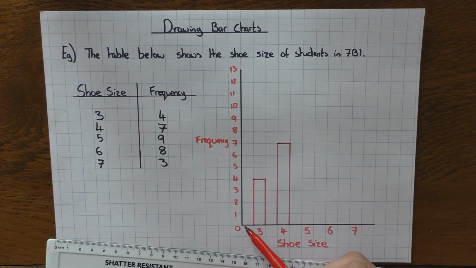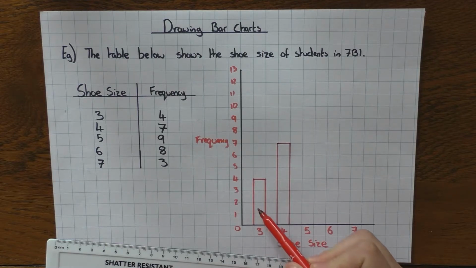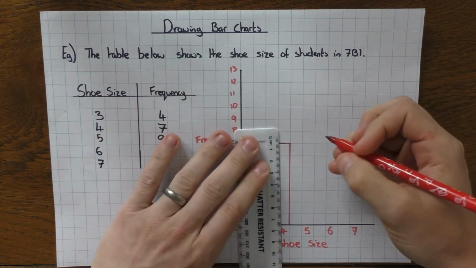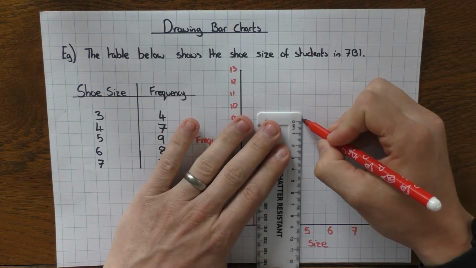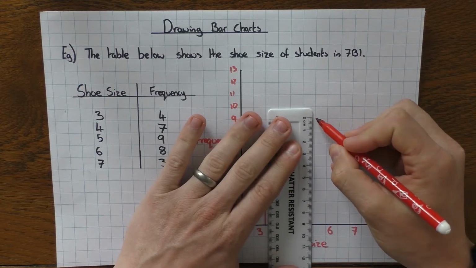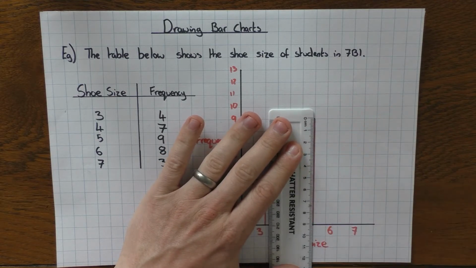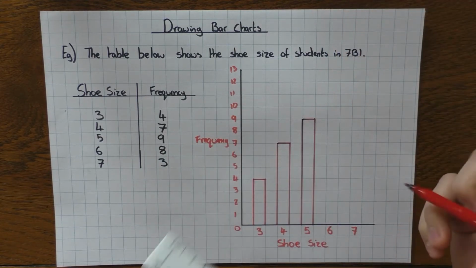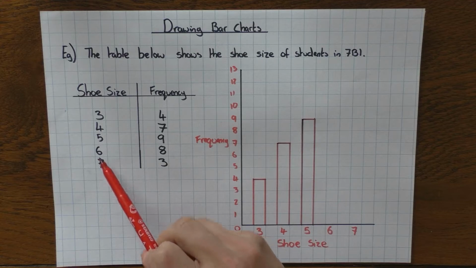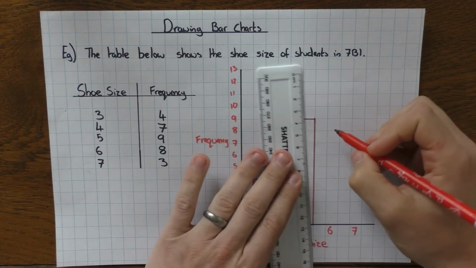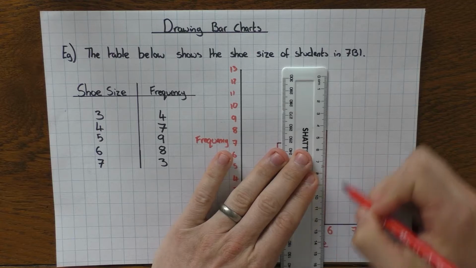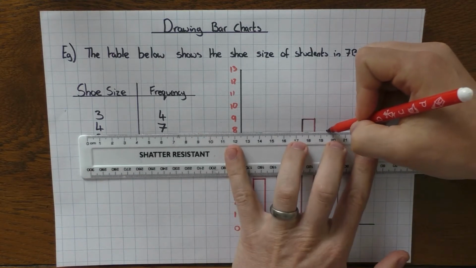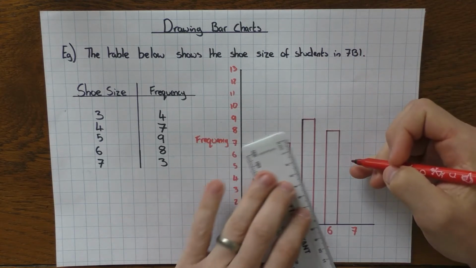Okay, and again, these spaces are the same and the bars are the same width as well. Shoe size 5 is 9. Again, same width, just one square with a square in between. Doesn't have to always be one square, it can be 2 squares as long as it is the same across the whole diagram. Shoe size 6 is 8. And the last one, shoe size 7, is 3.